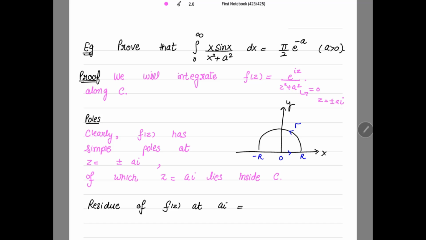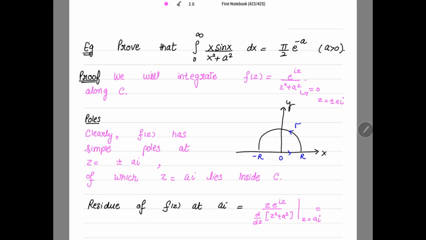Now for finding the residue of f(z) at a iota, I am using the shortcut method, which is z e to the power iota z, the numerator as it is, over the derivative of the denominator with respect to z. This is the formula for the residue at z equal to a iota.